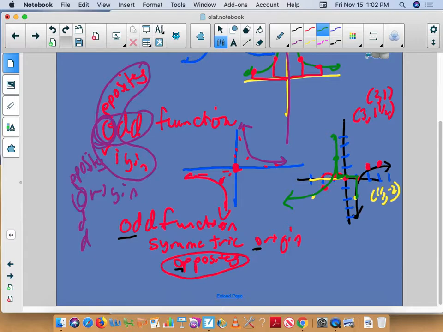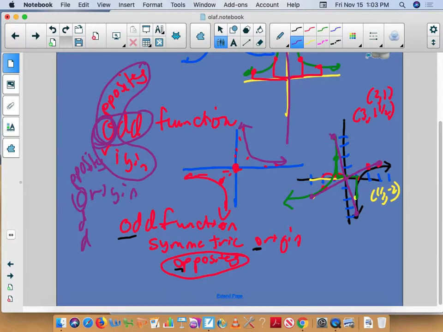And that's an odd function right there. All right, so watch this in purple. Did this dot go through the origin machine and pop out the other side? Did this dot way down here go through the origin machine and pop out the other side?